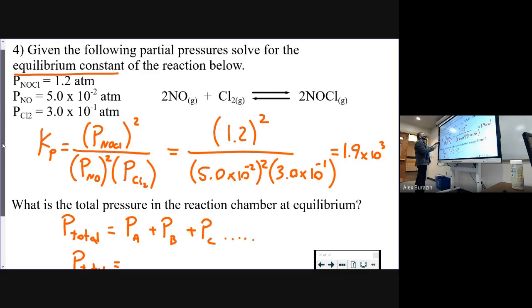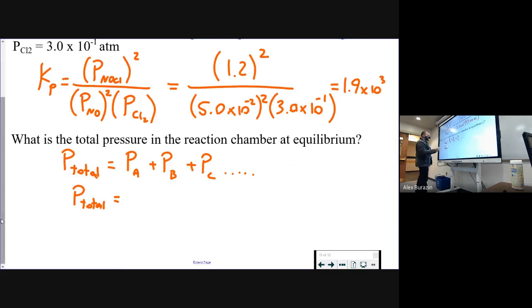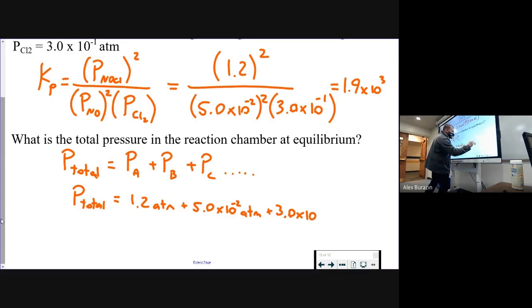So 1.2 plus 5 times 10 to the negative 2 plus 3 times 10 to the negative 1. And what do you get?